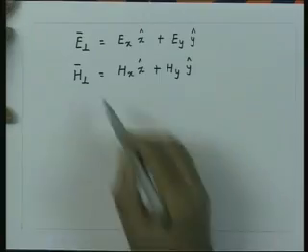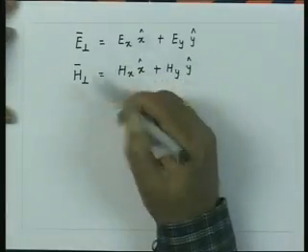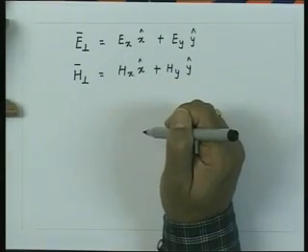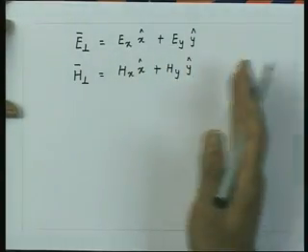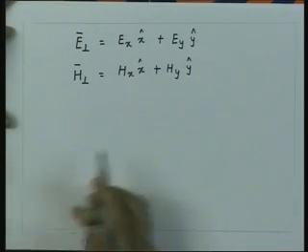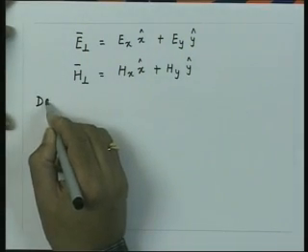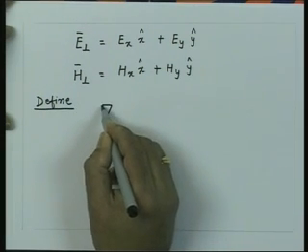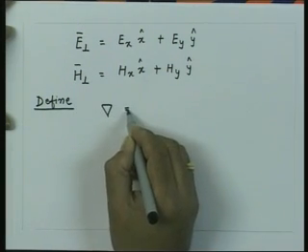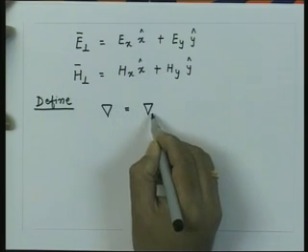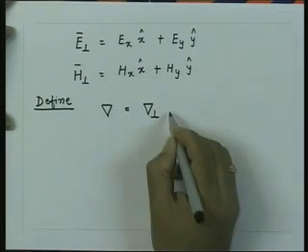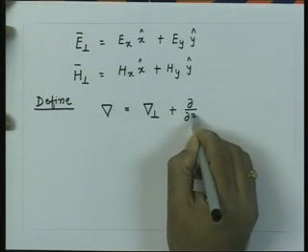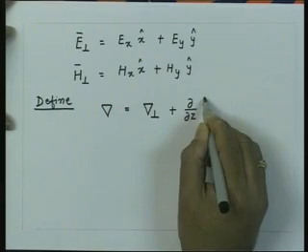Now, as we have defined the longitudinal and transverse fields, we can also define the del operator and separate it out for longitudinal and transverse component. So, we can define this operator del also as del transverse plus the longitudinal part of that, which is d by dz with unit vector z.